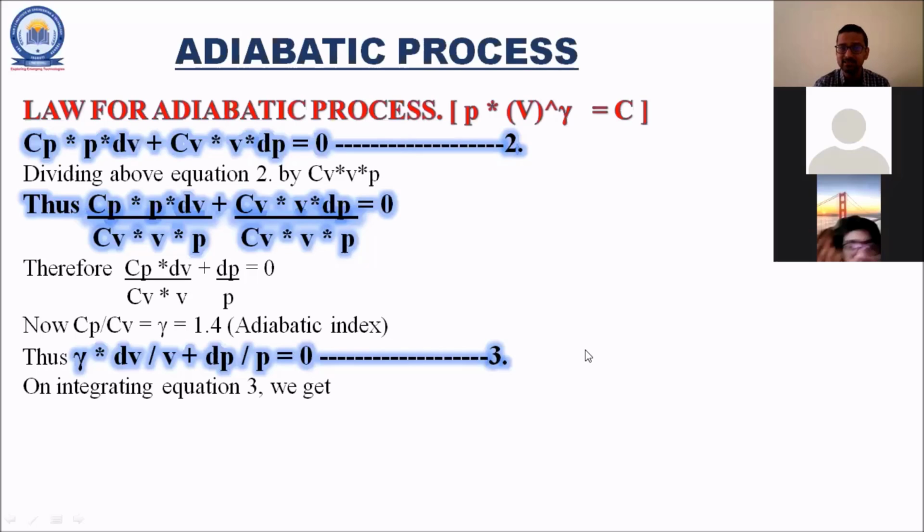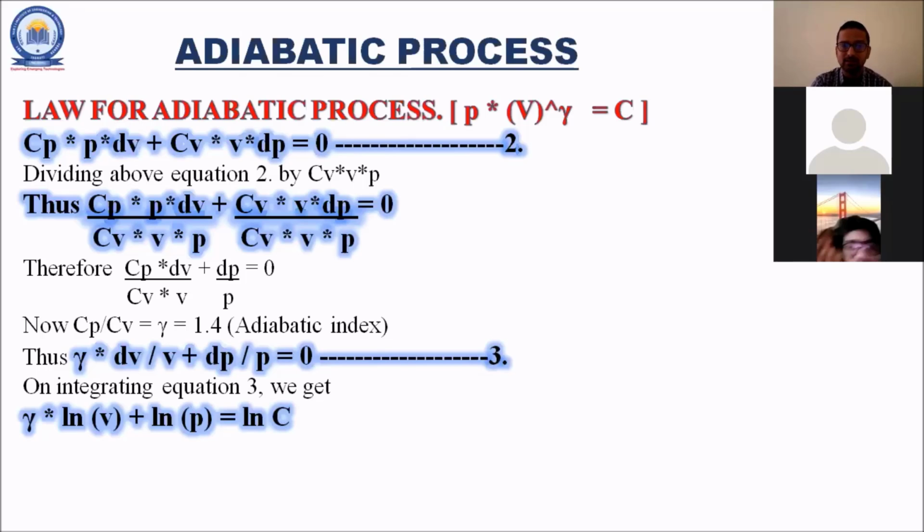So on integrating, I will be getting this answer: gamma into ln V plus ln P is equal to ln C. Because dear friends, remember, integration of 0 is a constant term, and in order to remove the ln from both the sides, I am writing that constant as ln C.